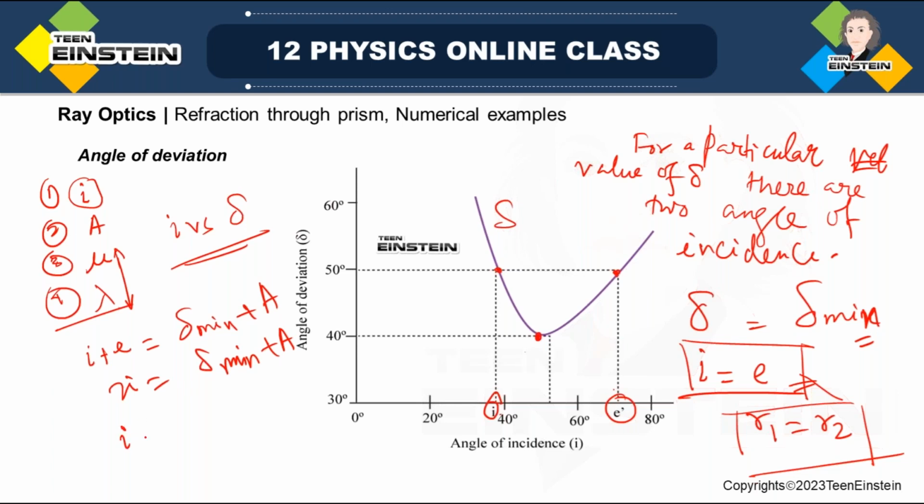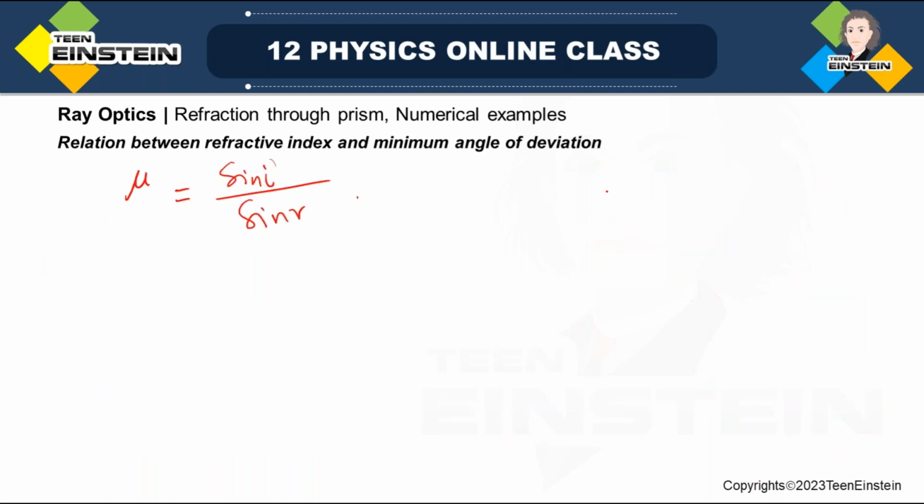Since this i and e are equal at this minimum angle of deviation, what is i then? Okay, so this is actually the relation. So we have got i is equal to delta minimum plus A by 2.